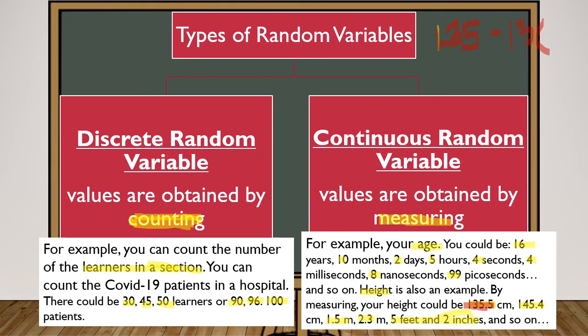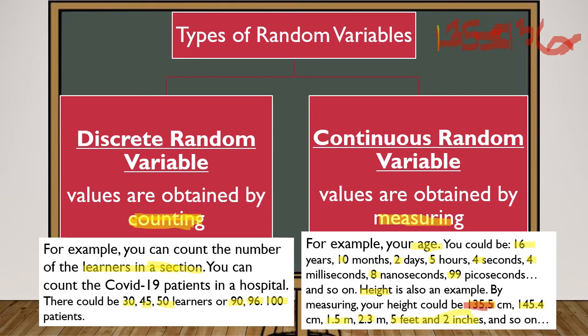Of course, your height can be between these two numbers. There are values between 135 and 136, for example 135.5, 135.6, 135.7, 135.8, 135.9, 135.123, 135.124, and so on. So it is continuous. There are values between two numbers, so your height can take that value.